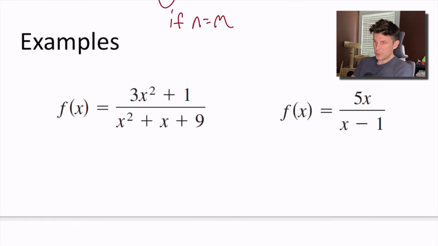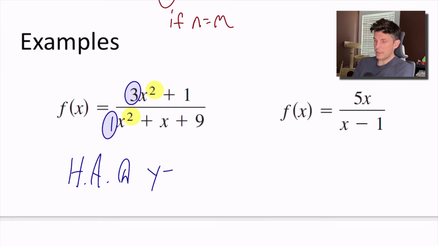You notice that the degrees match, right? They're both degree 2. So the leading coefficients in this case are going to be 3 and 1. So I'd say I have a horizontal asymptote at y equals 3 over 1, or just y equals 3, okay?